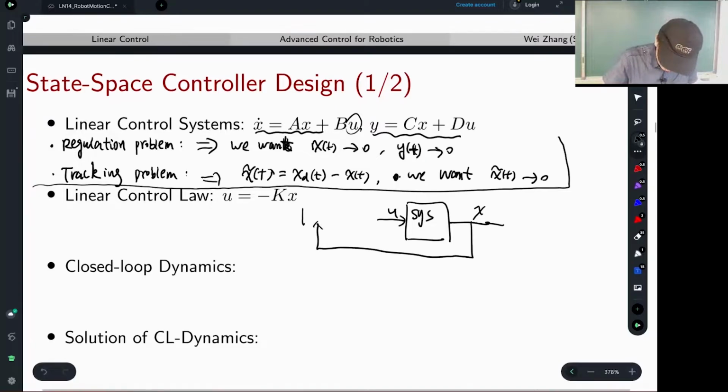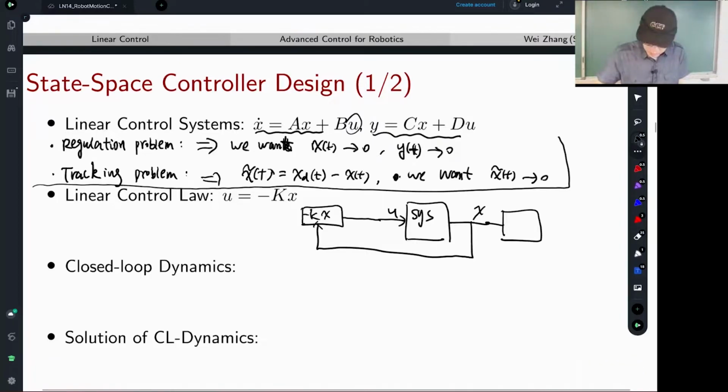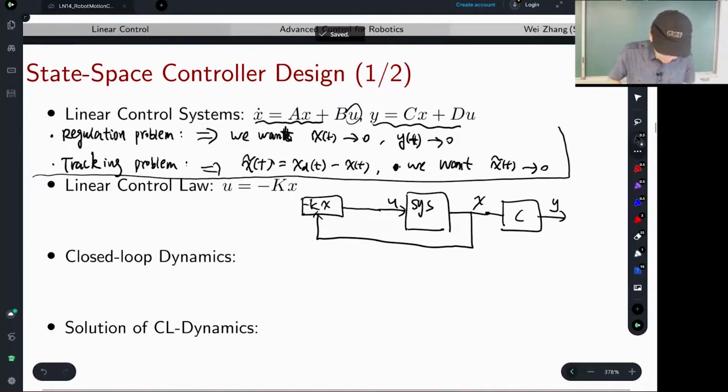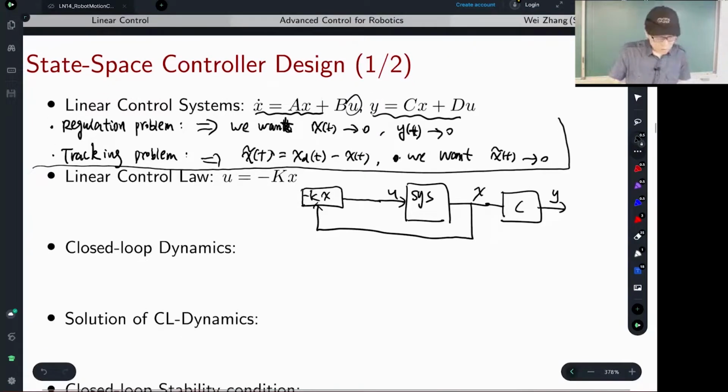And your controller is here, u equals negative Kx. And maybe you do not only care about the full state, you only care about some kind of a linear function of that state. Okay, so that's a closed loop diagram of a linear control system subject to linear control law.